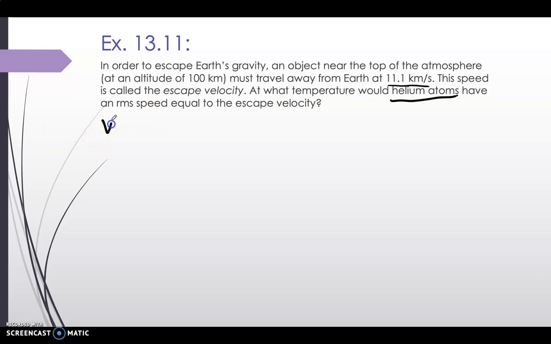So remember, VRMS is equal to 3 kT over m square rooted. And we're trying to find the temperature, so we can go ahead and use algebra to solve that.